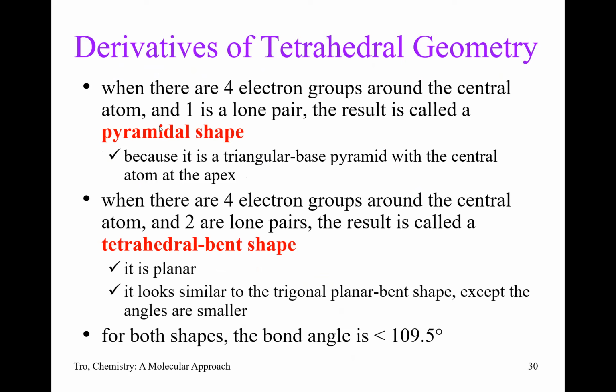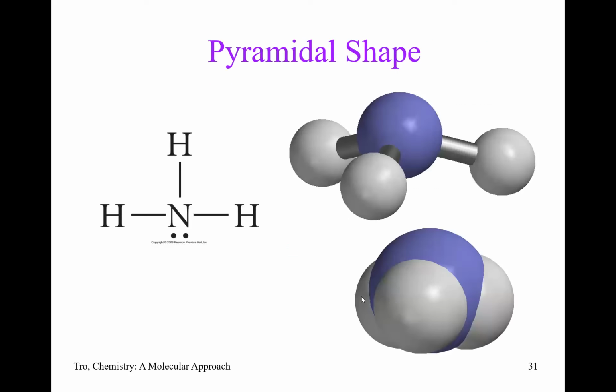This has to be planar because it's just like the SO2 we saw before, but with 2 lone pairs, so it's pushed. So the bond angle should be around 109.5, but it's less because of the 2 lone pairs taking up more space. And the classic examples of these are group 5 things like nitrogen and phosphorus.